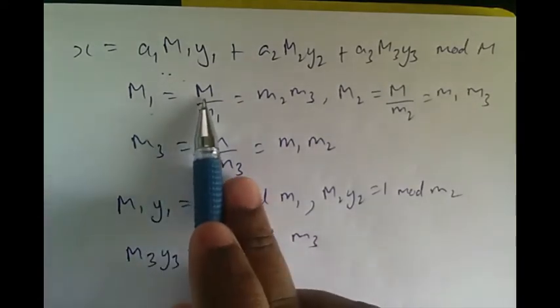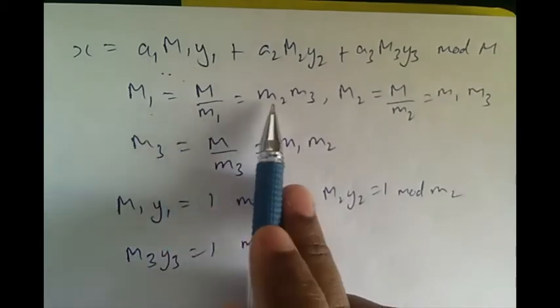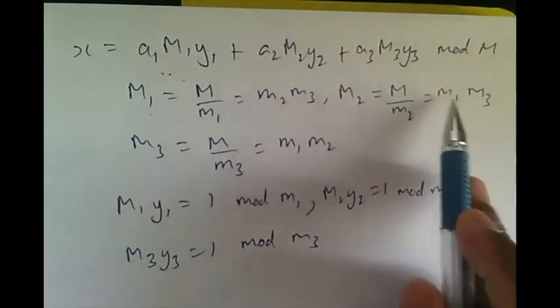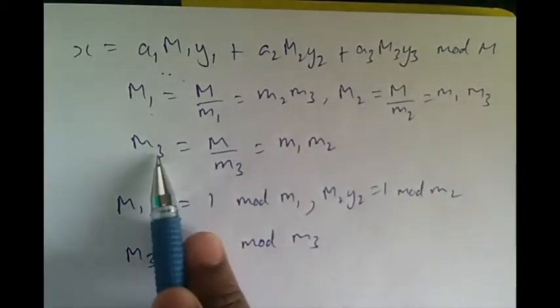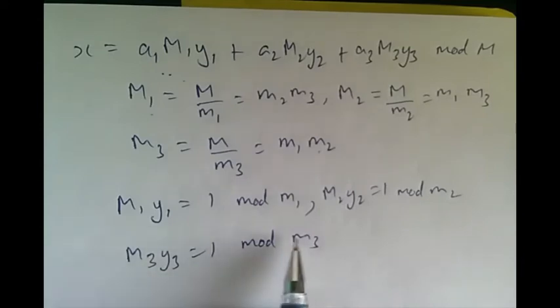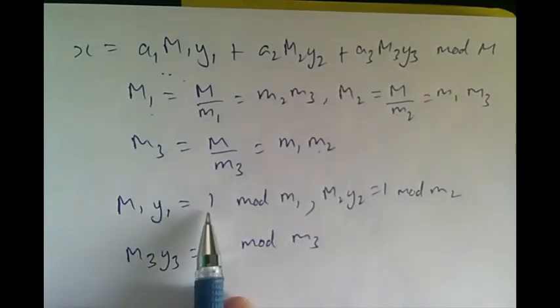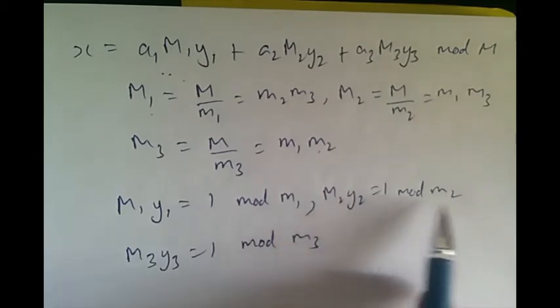Capital M1 is the product of all the three small m's divided by small m1, so small m2 small m3. Capital M2 is small m1 small m3, and capital M3 is small m1 small m2. And y1, y2, y3 are the multiplicative inverses. So capital M1 y1 is this, capital M2 y2 is this, and so on.